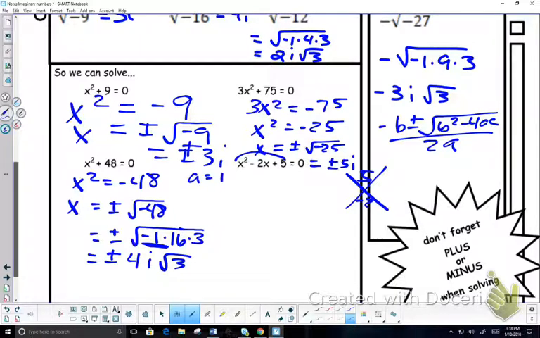So, I got what? A is 1, B is negative 2, C is 5. Plug in. Negative b would be 2, plus or minus the square root, what's b squared?